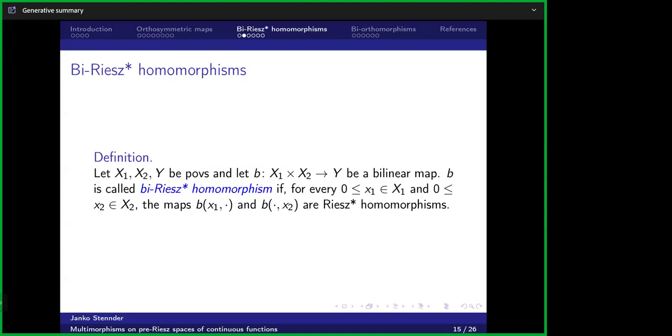That's the usual definition you do when you have something structure preserving and you fix one component, and then what you get is just the linear version of that. And Riesz star homomorphisms are what Florian explained to you. I hope you recall those are the ones which can be extended from pre-Riesz to the vector lattice cover or Riesz completion.